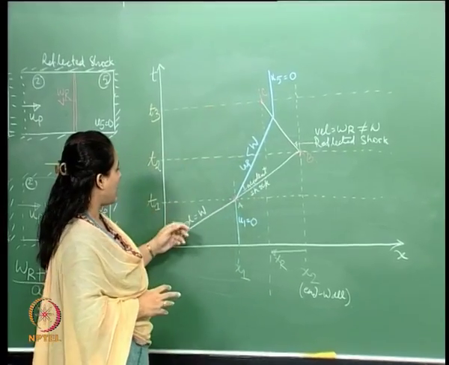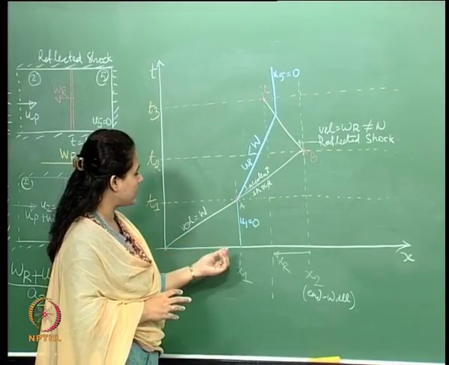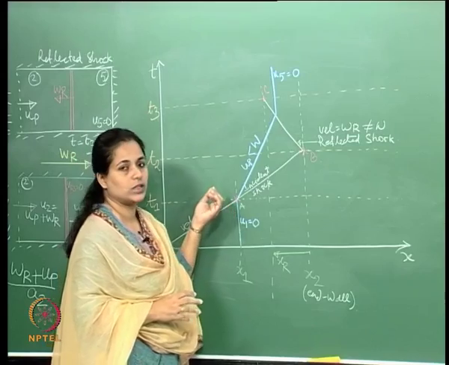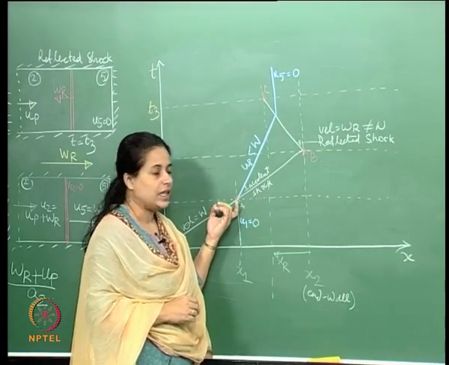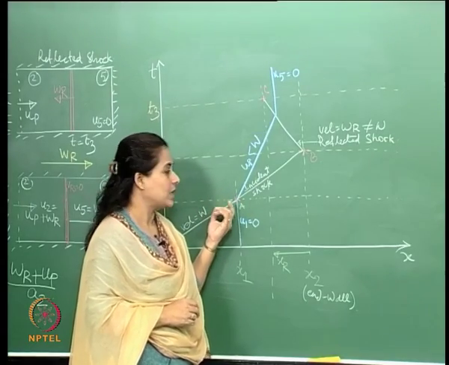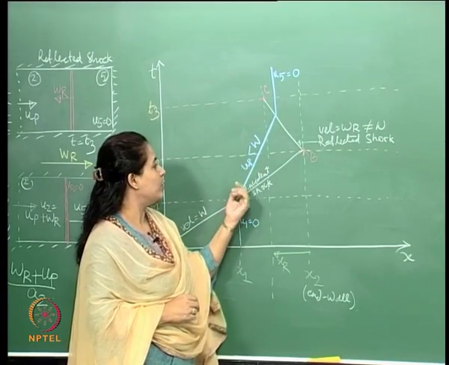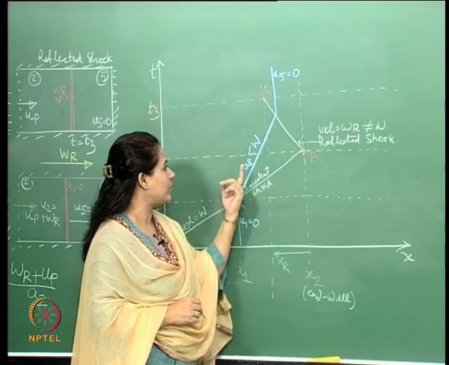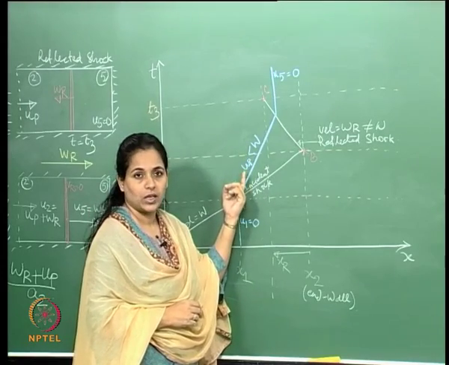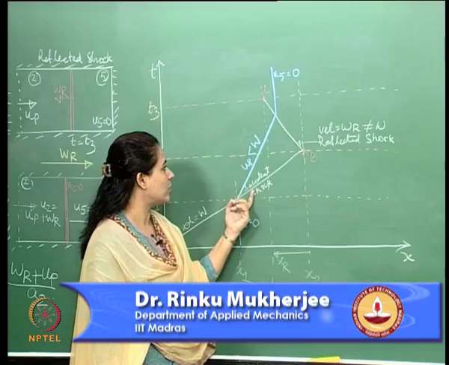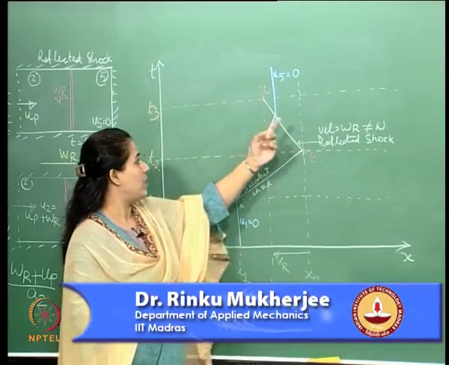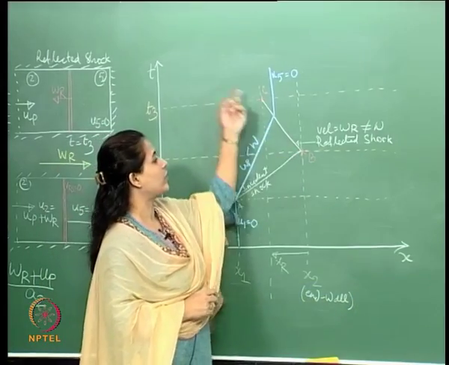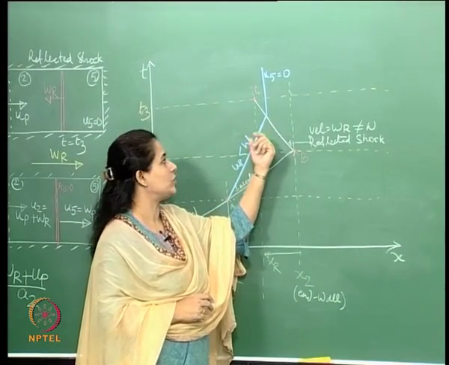Okay. And what you see over here is a fluid particle which was originally at rest. It was displaced from its position by the incident shock, and it starts traveling with a velocity up, which is less than that of the incident shock. It is traveling and would have reached the end of the tube, but before that it intersects another shock wave, which is the reflected shock wave.